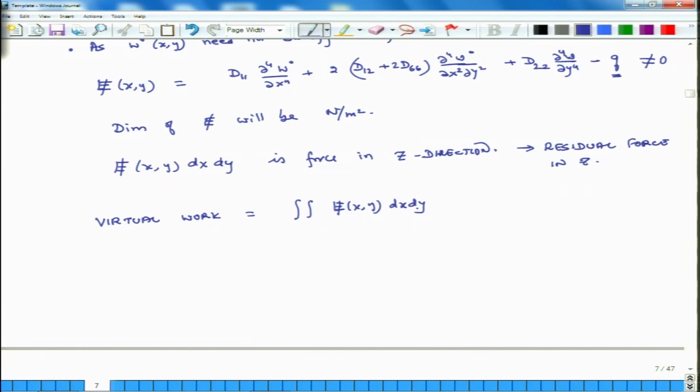So, this is the force in z direction, and I multiply this by a virtual displacement and I call it W1. So, W was the actual displacement, this is W1, and this is also a function of x and y. So, this is virtual work.